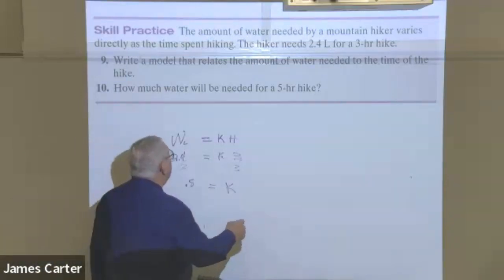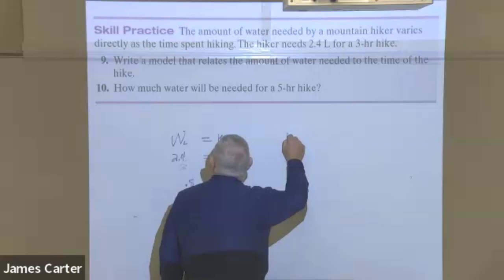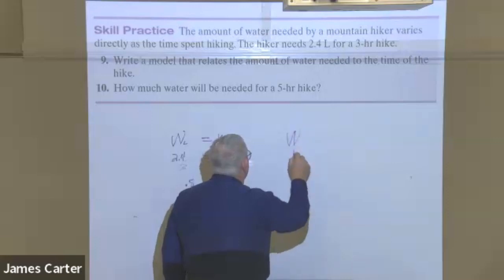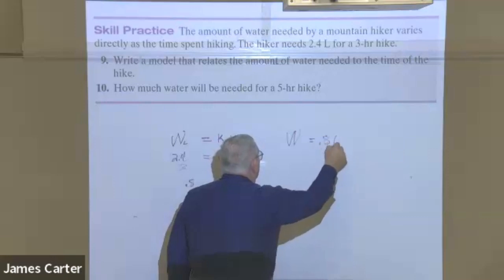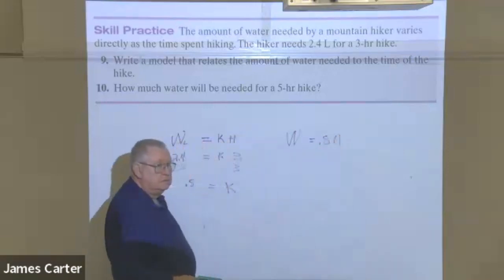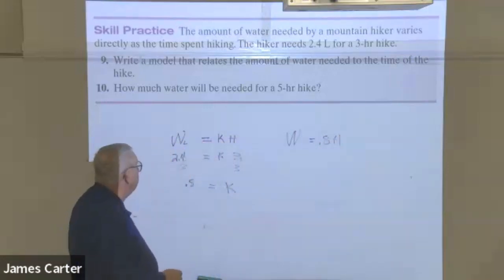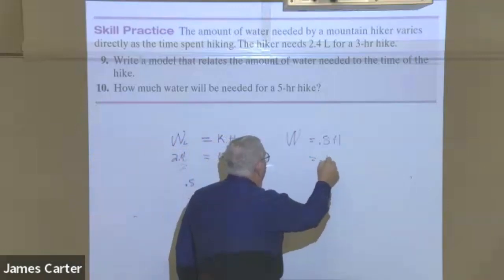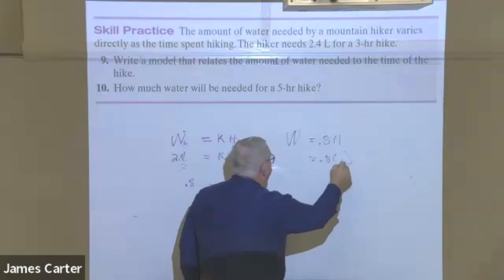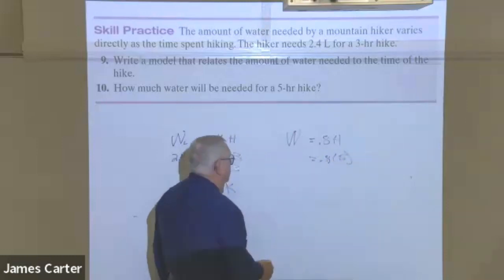So my constant of variation now is the water that we need equals 0.8 per hour. So in this case, we put in 5 hours.